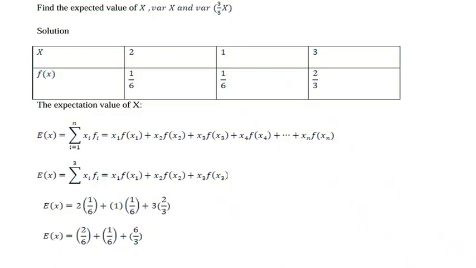So E of x, if you multiply, will be 2 times 1 over 6, which is 2 over 6, plus 1 times 1 over 6, which is 1 over 6, plus 3 times 2 over 3, which will give you 6 over 3.